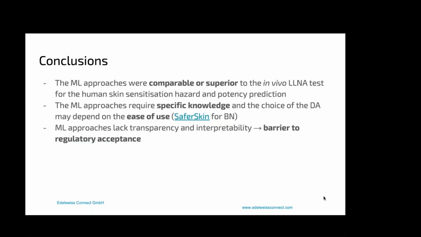And maybe this lack of transparency of these models can be a barrier for regulatory acceptance, and it's up for discussion, but maybe some hybrid approach is more appropriate than just a pure data-driven algorithm. With that, I would like to thank you for your attention, and I would be happy to answer your questions at the end.